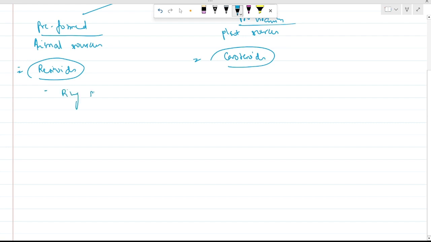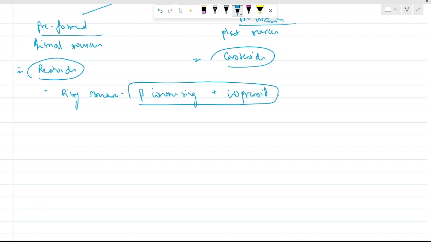The ring structure of this vitamin is, remember, beta ionone ring plus isoprenoid. Beta ionone ring plus isoprenoid is the ring structure. Okay.